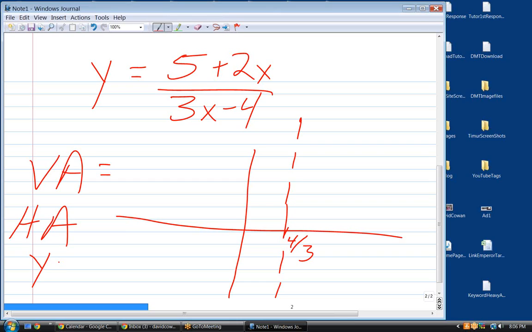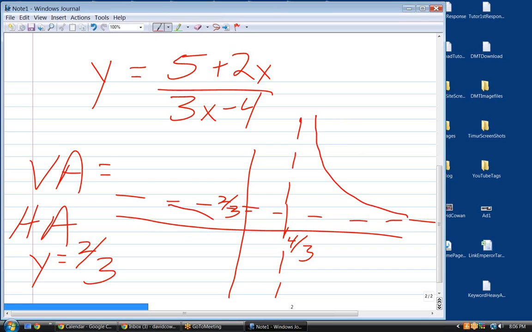The horizontal asymptote would be y equals 2/3 because the coefficient of x is 2 and the coefficient of that x is 3. So that would put a horizontal asymptote at 2/3. And then the function itself appears to be hyperbolic, meaning it would look something like this.